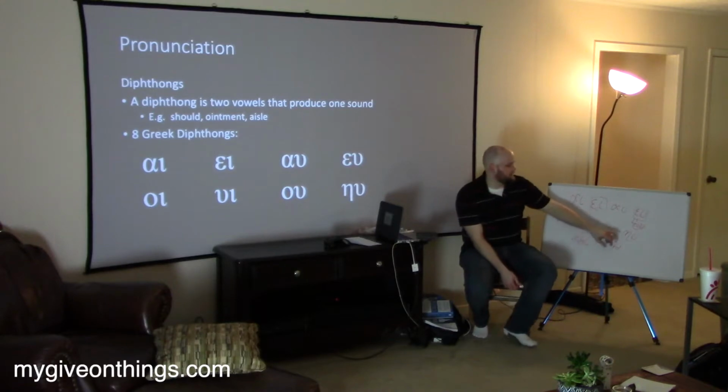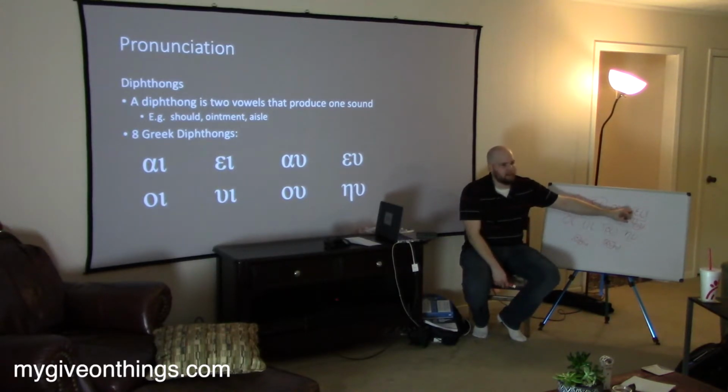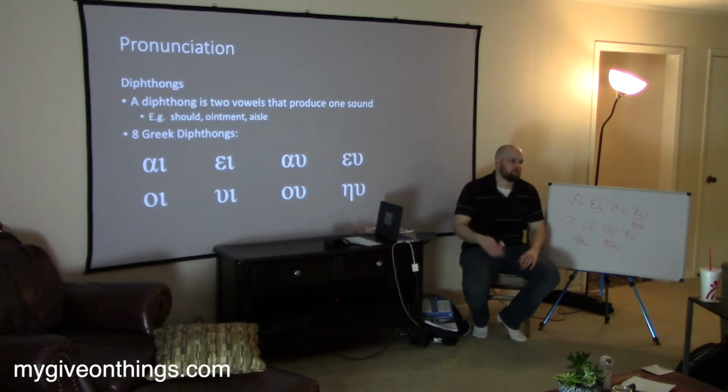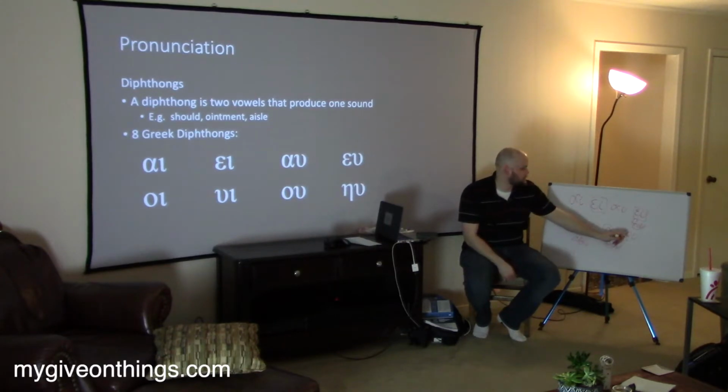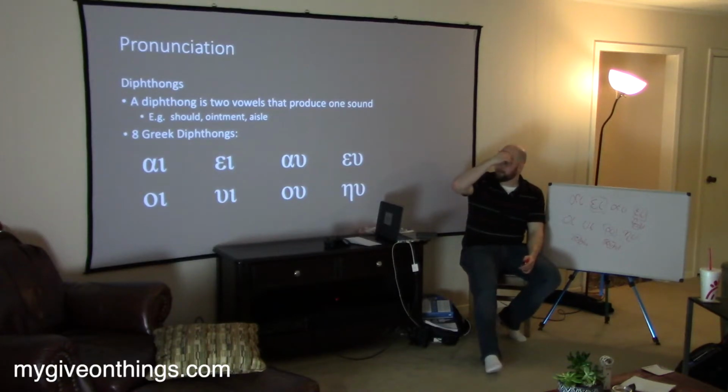Alpha upsilon, really when you actually are pronouncing this, it sounds a whole lot like epsilon upsilon. It sounds almost exactly the same as far as how it's pronounced. It's just spelled differently. So you can try and hit the eta a little bit stronger and have it be ew.